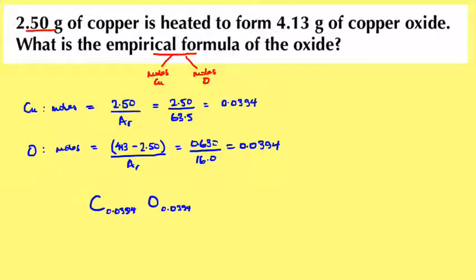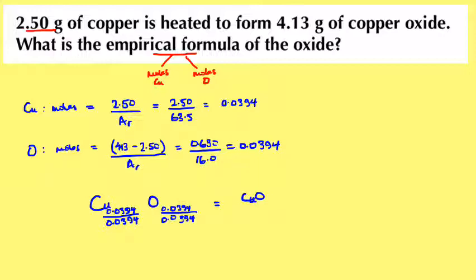So the smallest one is both of them, 0.0394. So we divide both by the smallest one. So both of them are 1, and we don't write the ones in, and so there is our empirical formula. So, of course, that's not carbon, it's copper. So our empirical formula is copper oxide.